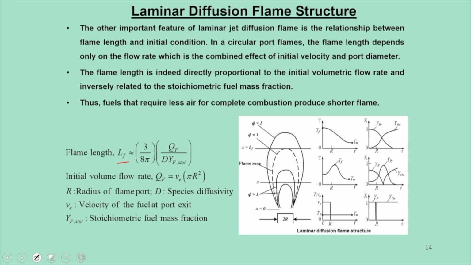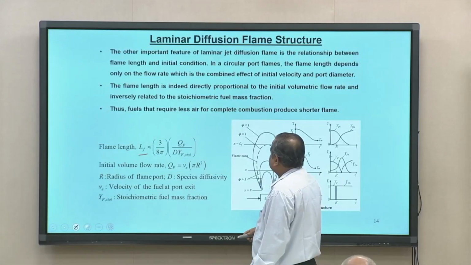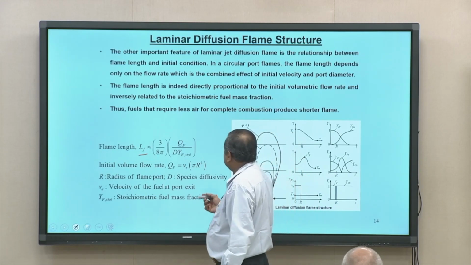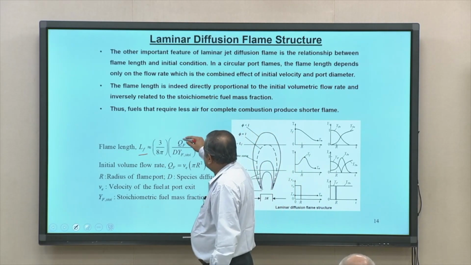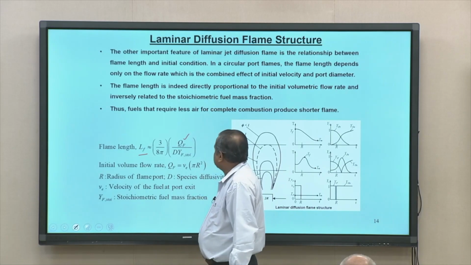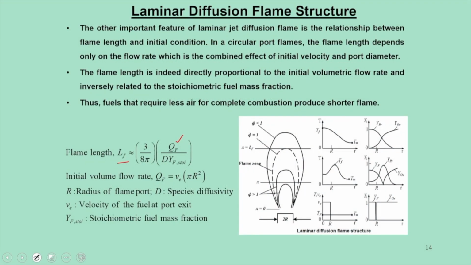Through our laminar diffusion flame analysis, it is a function of two important parameters: initial fuel flow rate and its stoichiometric mass fraction, where the initial fuel flow rate can be related with the initial condition with respect to its area.